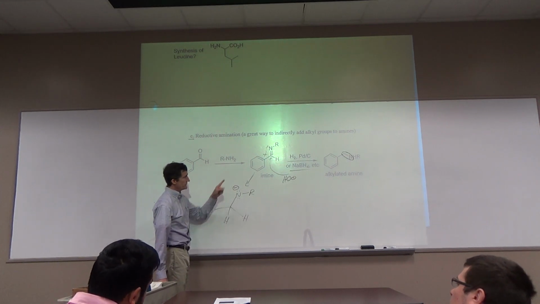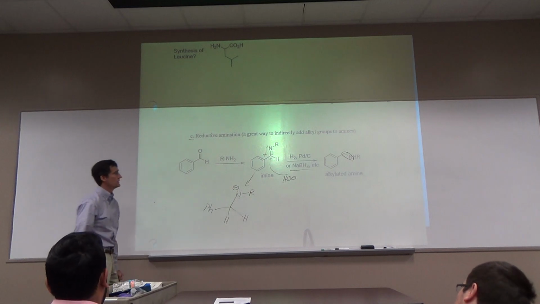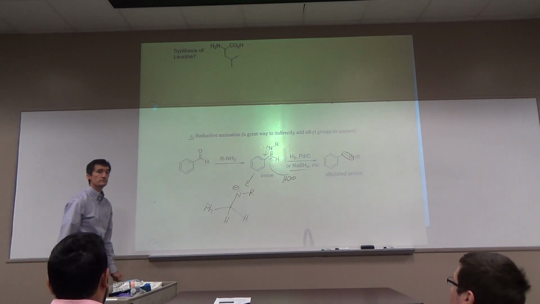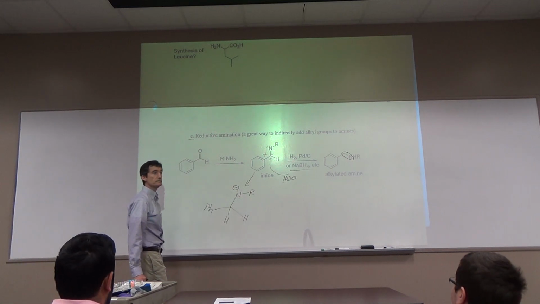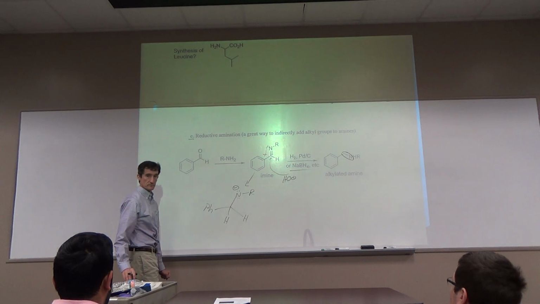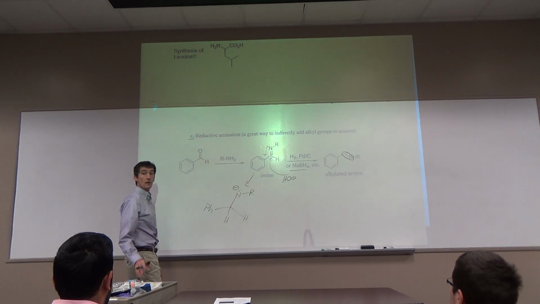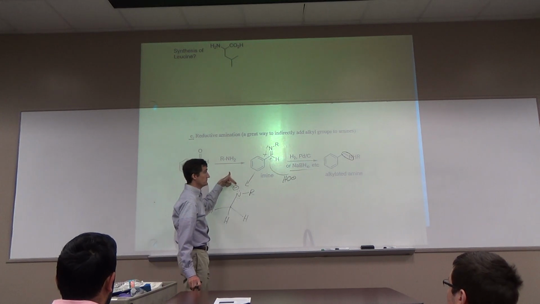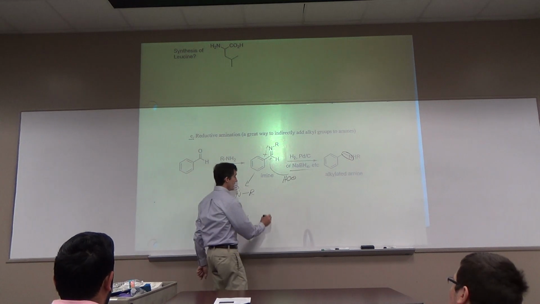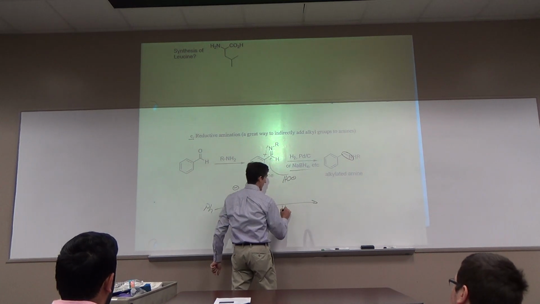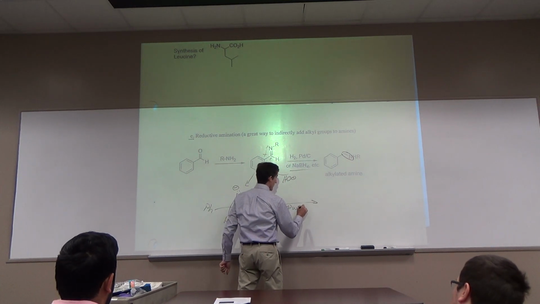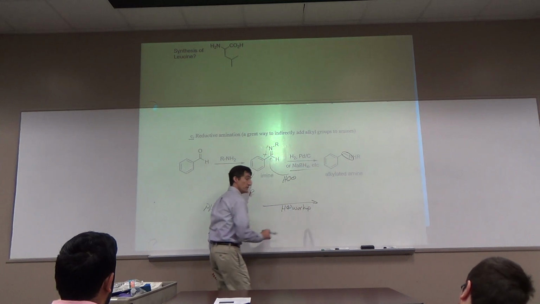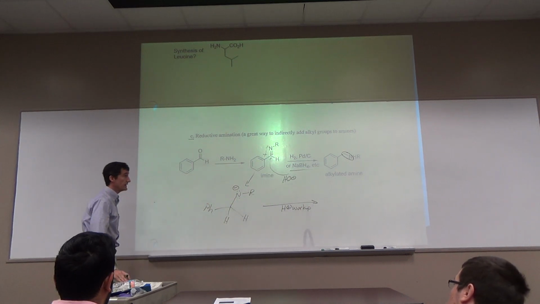And then what do we need to do to get the final product? We need an H plus source, a proton here. This can come from H plus workup, including just aqueous workup, water supply.